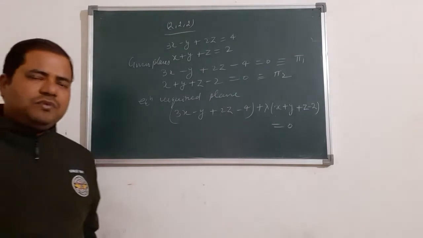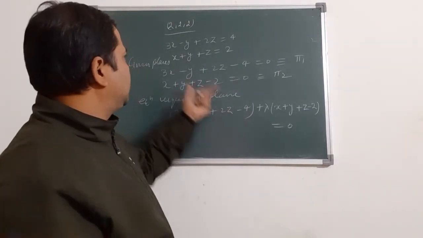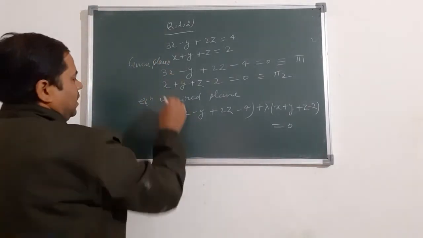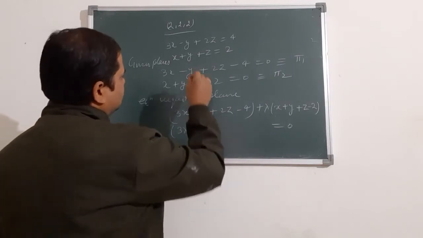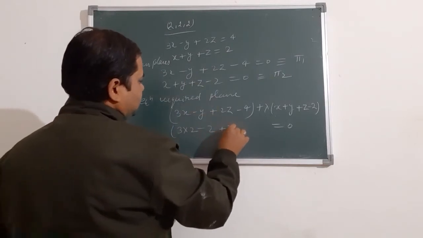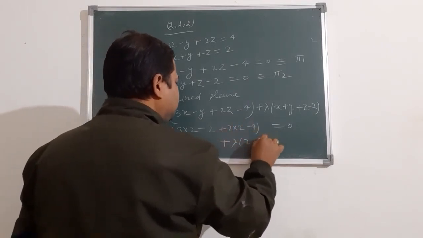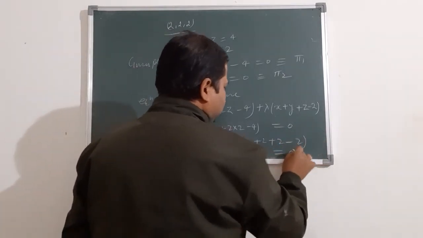So first of all we find the value of lambda. You know very well this particular plane is passing through the point 2, 2, 2. That means we have 3 into 2 minus 2 plus 2 into 2 minus 4 plus lambda times (2 plus 2 plus 2 minus 2) is equal to 0.